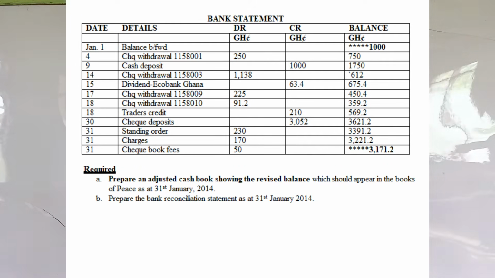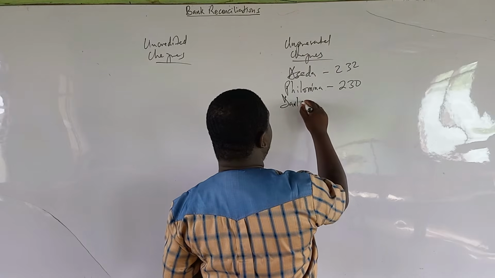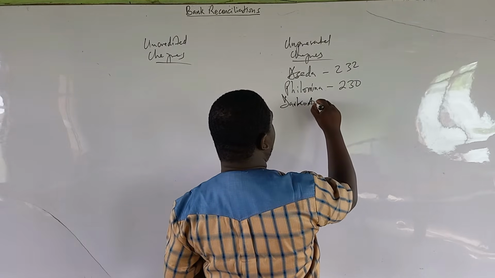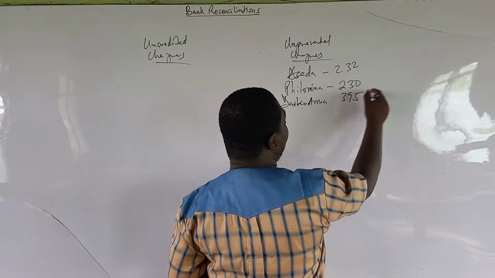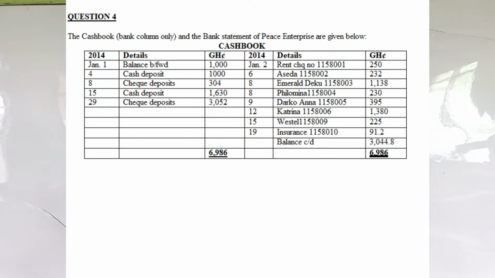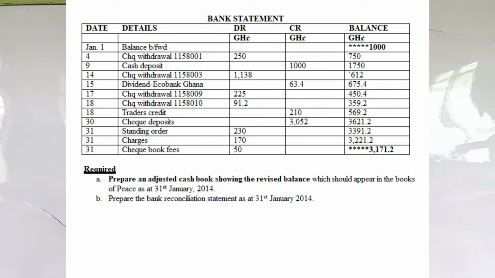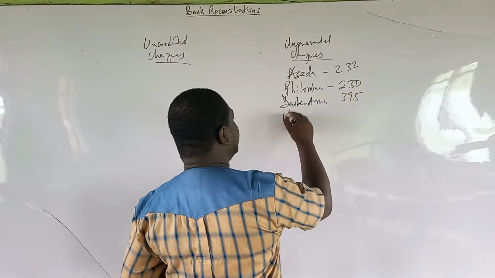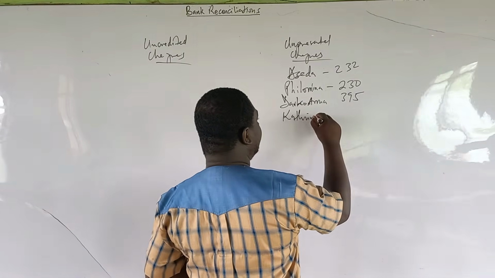So Dakwana's check will also be an unpresented check, 395. Then let's continue. Katrina, 1,380. Katrina's check of 1,380. When we compare to the debits of the bank statement, there is no figure like that. So Katrina's check is also an unpresented check.